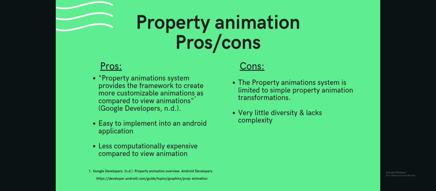The disadvantages, I guess, of property animations is that it also lacks a bit of creativity and diversity, and it's limited to the property attribute modifications, basically. It's only limited to what you can actually change in those property attributes.